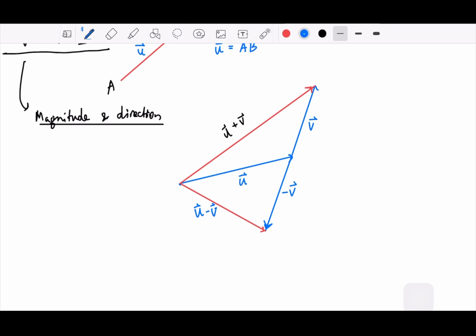So vectors are like playing a game, finding this from start to finish, and you can actually make it from any perspective.